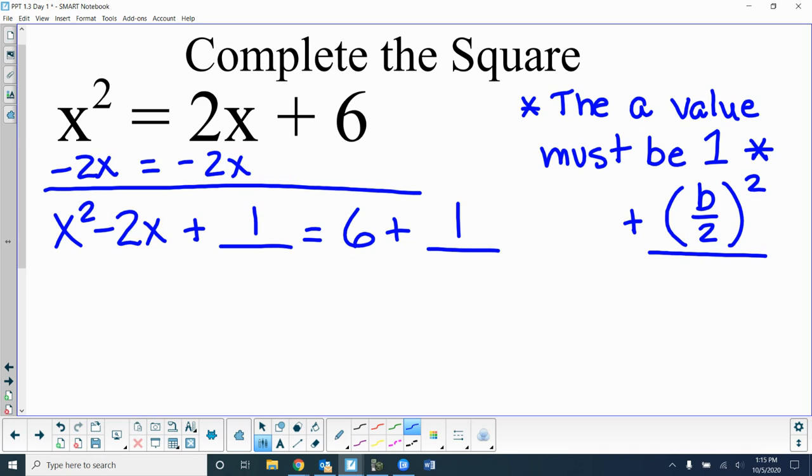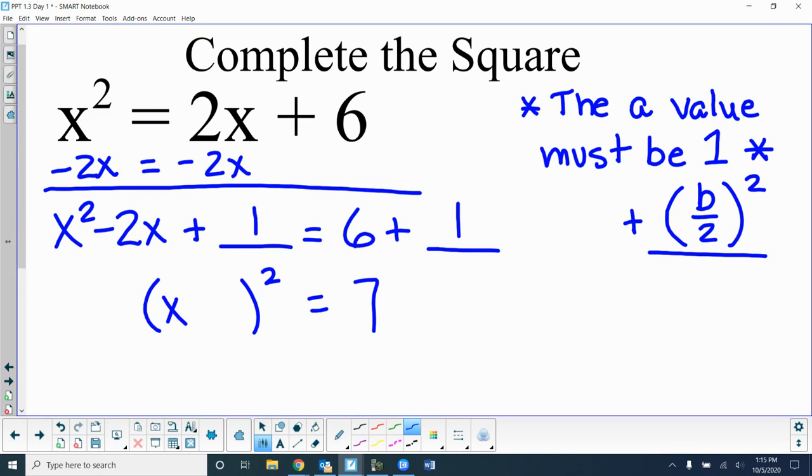So, now that I have this trinomial, now that I have completed the square, I can factor it to look like that. Just add these numbers. We just made it one of those special trinomials. So this has always got to be a 1x squared, so the front of this is always just x. Use the sign of the b.